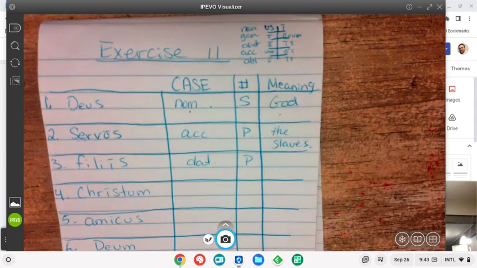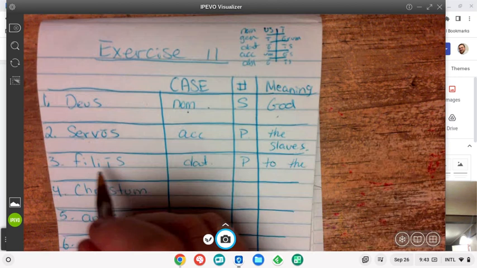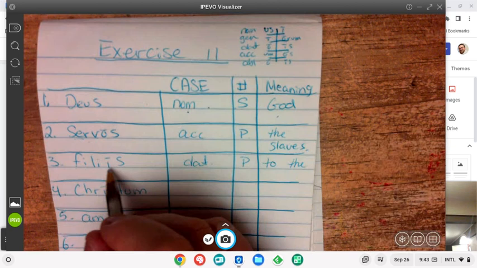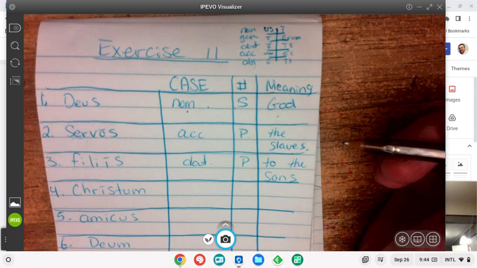So what we're going to do is write either to or for the, and then filius means son. Filiis means to the sons. So if you're giving something to the sons, you would use this word filiis. If we had said ablative plural, then we would have needed a different word here. So it's important to know the little word needed to help translate each of these words with these endings.